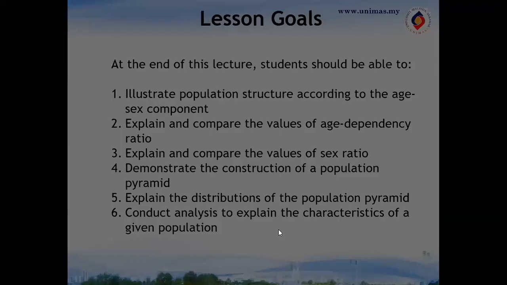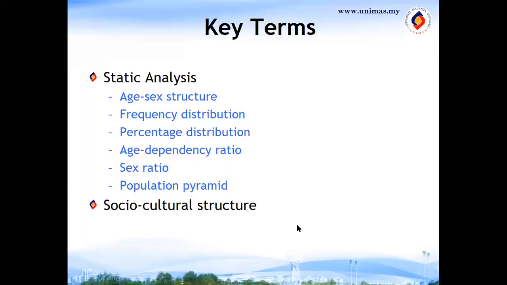Yeah? Okay, so some key terms that we will come across. First of all, looking at some static analysis. The first one that we will look at is the age-sex structure. We'll explain more on those terms later on, and then frequency distribution. All of you are aware of that or should know what it is all about.